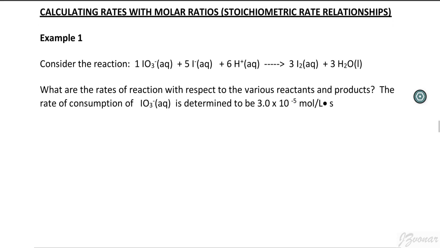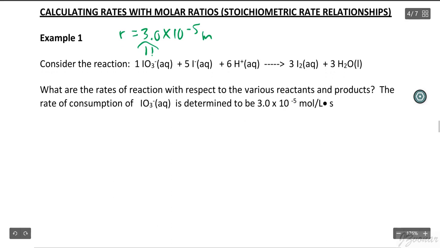We're told in this particular question that the rate of consumption of iodate ion, IO3 negative 1, is equal to 3.0 times 10 to the negative 5 moles per liter per second. That's the piece of information that we are given, and we need to determine the rate of reaction of all the other reactants and products within this reaction.